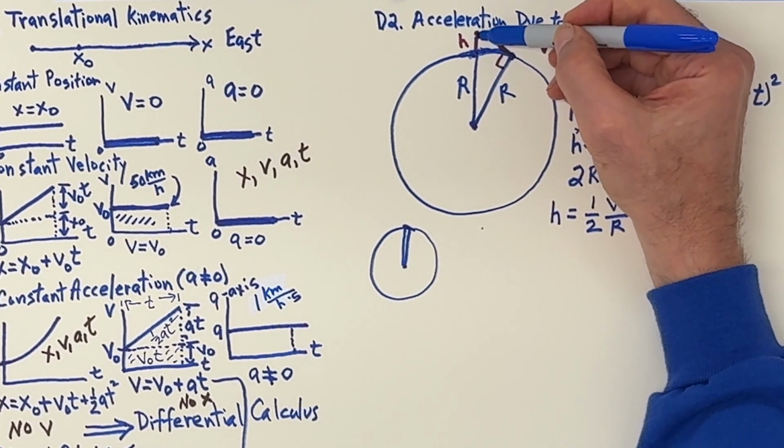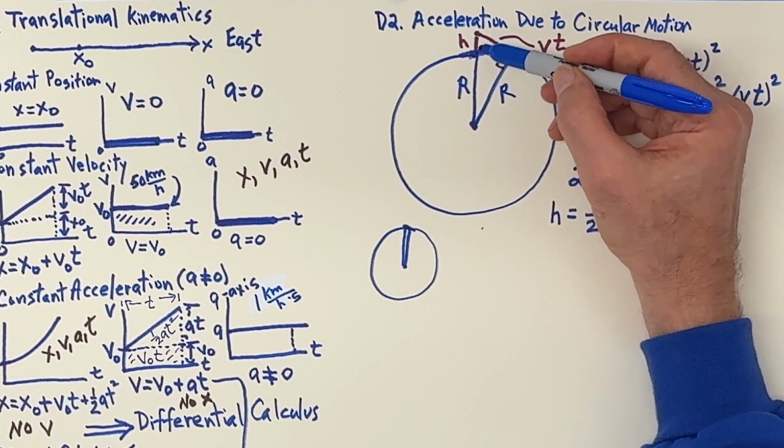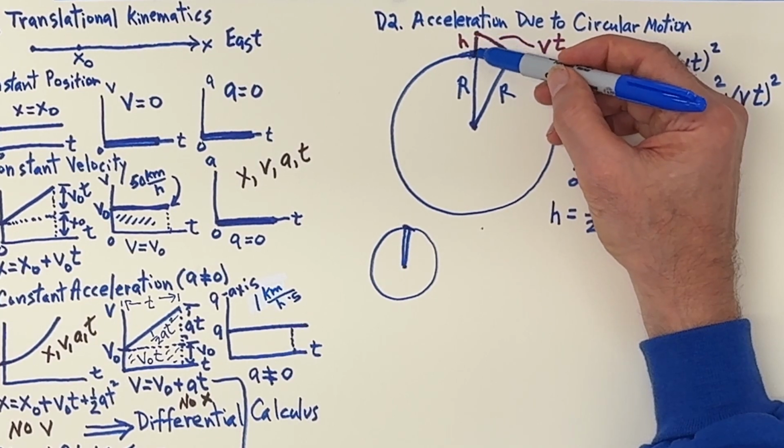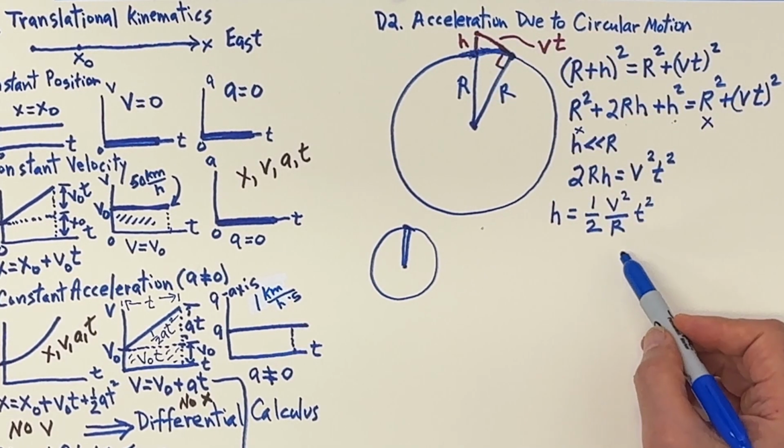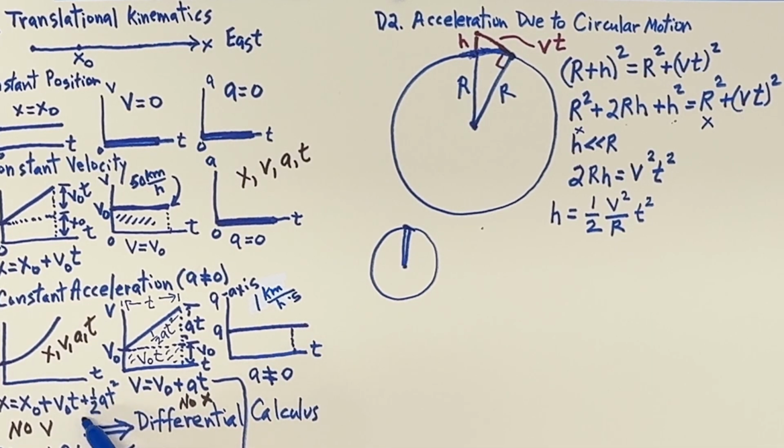But now if I think about what's going on here, I remember that if I travel a distance h with some time t with acceleration, I find that this formula looks like this one here, 1/2 at squared.